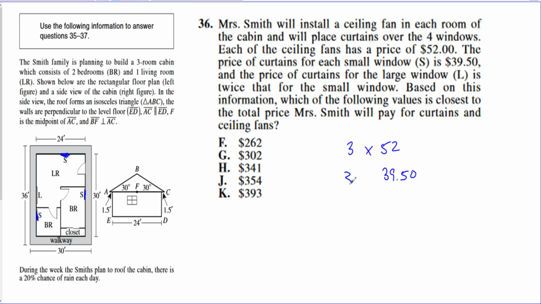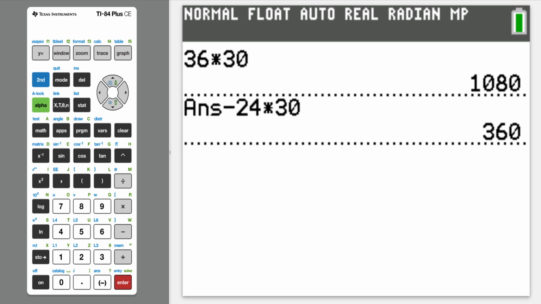So that is 3 smalls. Okay, and then I have 1 large in the living room as well. Right, and that one is twice the cost of the small window. Right, so I could go to my calculator and say, what is 39.50 times 2, and that's easy enough. Right, so let's go do that, and we're just going to say 39.50 times 2.